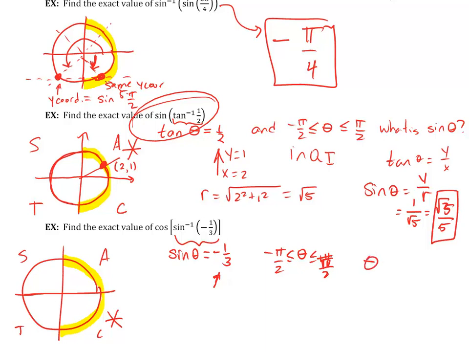Theta is in quadrant 4. I can tell that because I know it's in the right half plane and I know sine is negative. So I'm going to have some point down here. Remember sine of theta is y over r. So we're going to let y equal negative 1 and r, which is always positive, be 3.